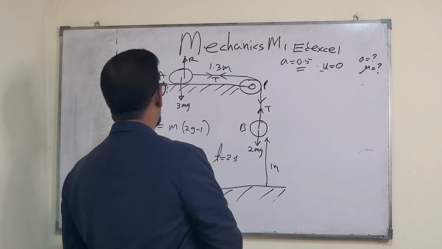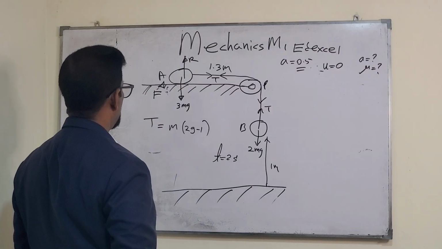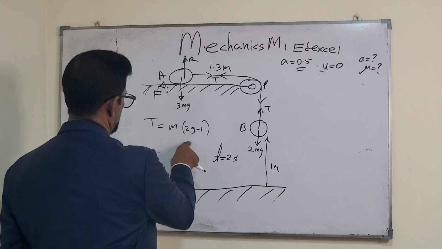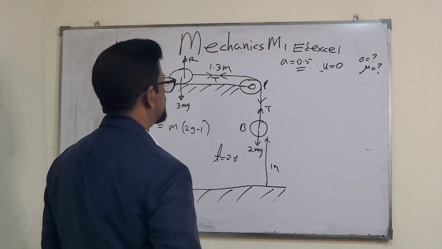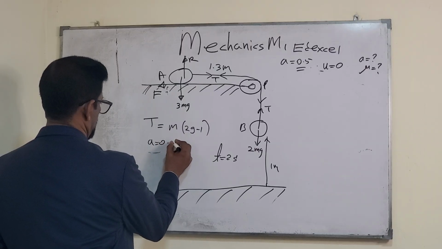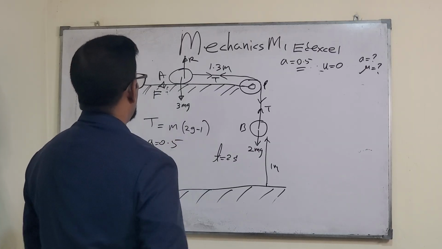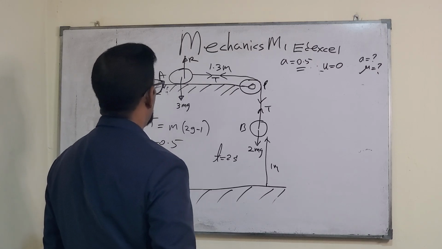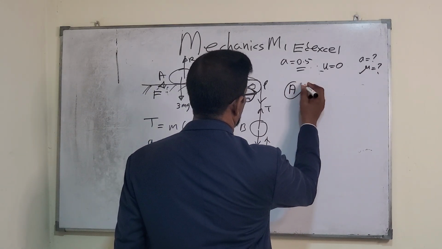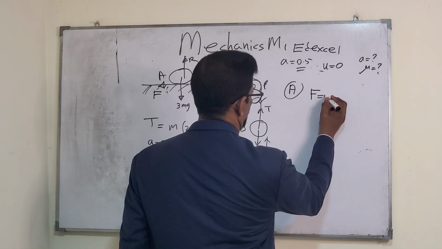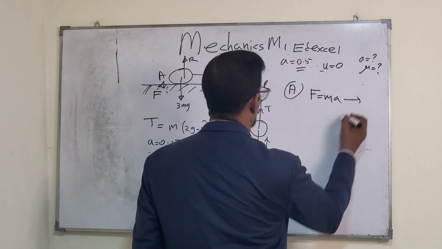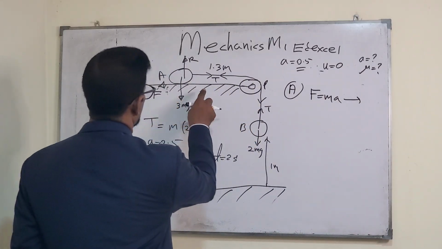Now the tension is m(2g minus 1), and the acceleration 0.5 is already done. Then we can use particle A, Newton's second law, F equals ma horizontally. What are the forces?